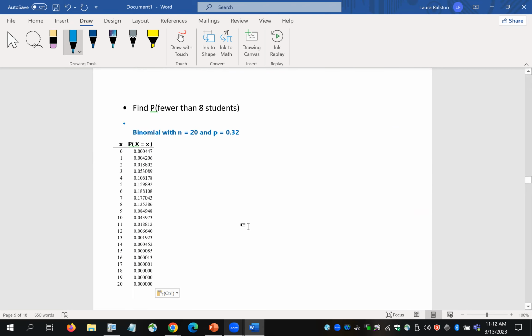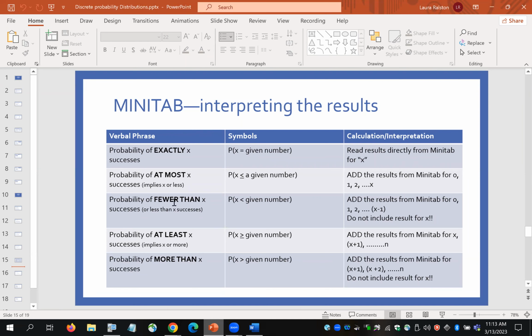Same scenario. It asks us to find the probability of fewer than 8. So again, if I go over to my table, and I keep going back to this because that's what I want you guys to do. Fewer than means less than.